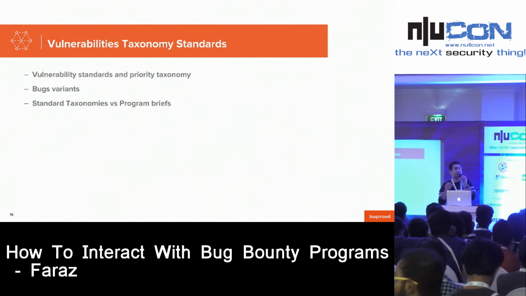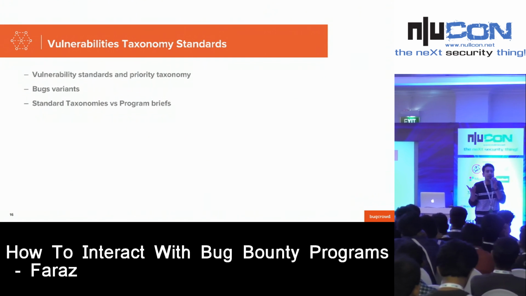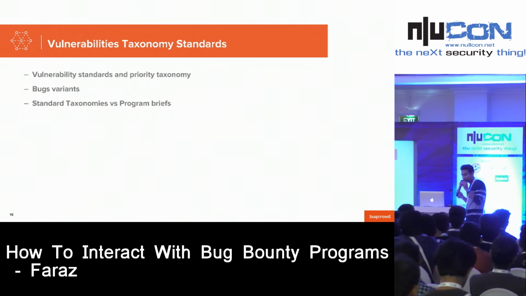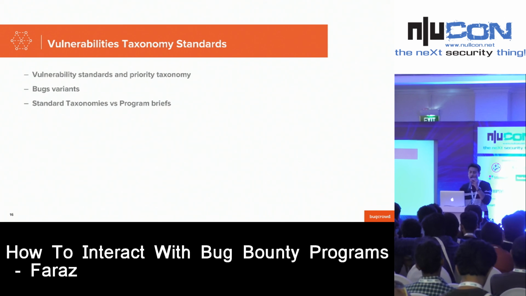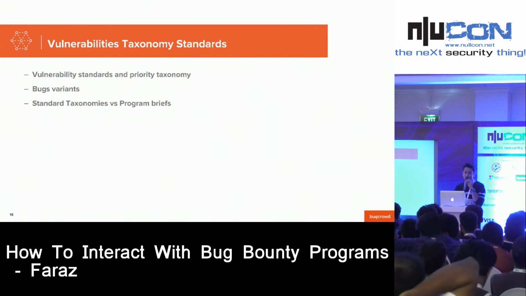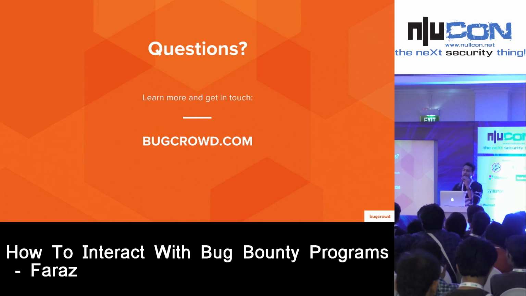They won't go and check the P5 one. So these are the variants. If it is going over HTTPS, it won't make any effect. This is why you must check the variants in all the vulnerability taxonomies. OWASP has it, VRT has it, and other program briefs. I already mentioned standard taxonomies versus bounty briefs, which one is prioritized. The bounty briefs are always prioritized. I hope that explains it. Any other questions, guys?